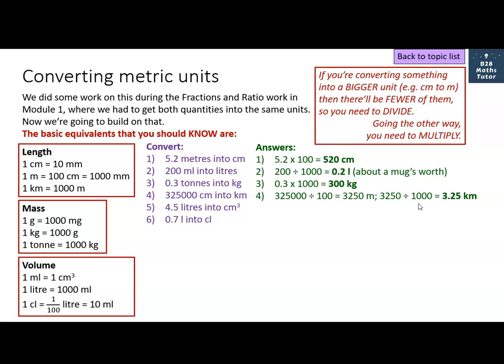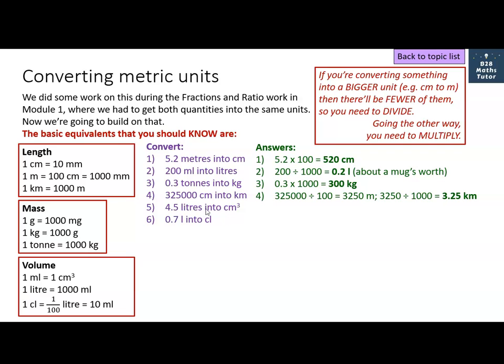And divide that by 1,000 to turn the metres into kilometres. Notice I do not say 325,000 divided by 100 is 3,250 divided by 1,000 is 3.25, because that would mean that this bit was the same as 3.25, which clearly it isn't. You should split it out. Ideally write it on 2 lines, but I've just split it with a semicolon because of the lack of space here.